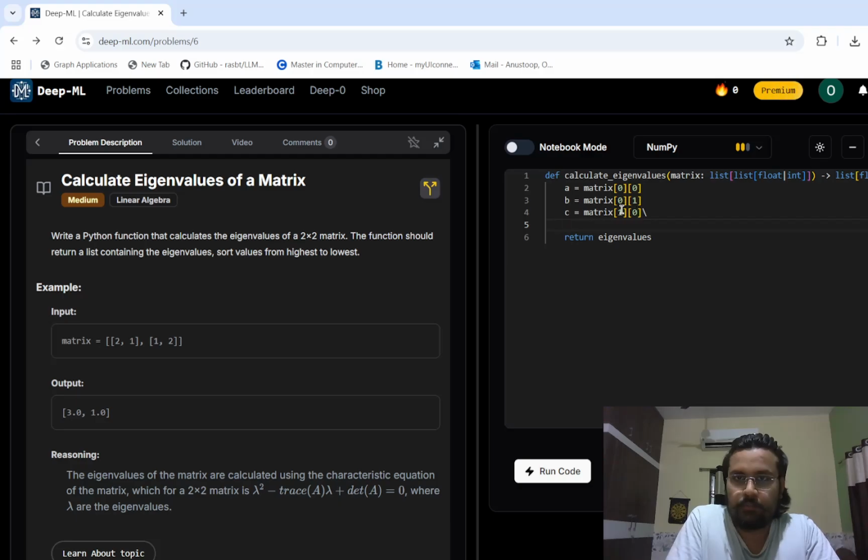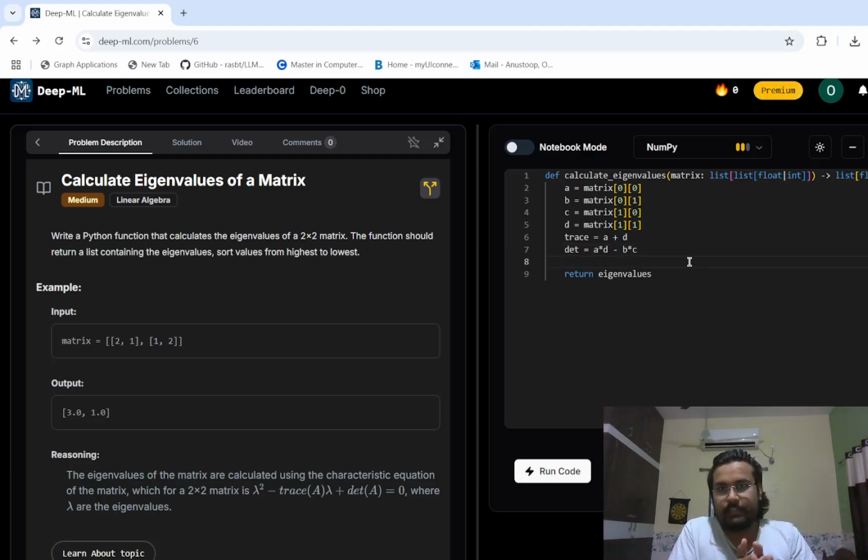This is 0. And D is this. Now, we want to define the trace. Trace is simply A plus D. Det is A times D minus B times C.